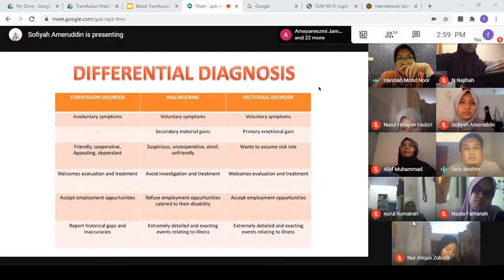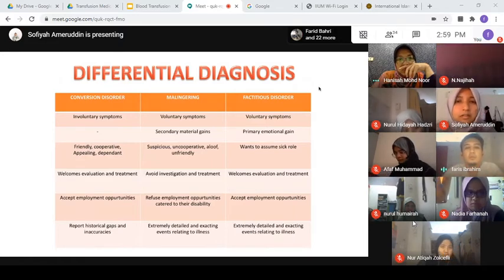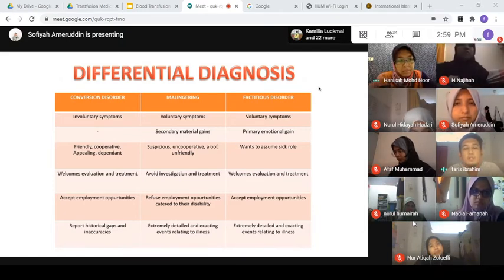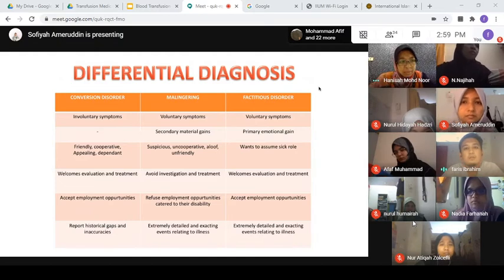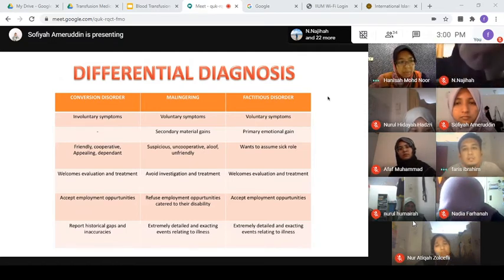Now, there are a few differential diagnoses that we can think of when we talk about malingering. Number one, factitious disorder. So we need to know the intention of the patient in lying about their health. If it is a primary emotional gain, if they want to get sympathy, then it is probably factitious disorder.